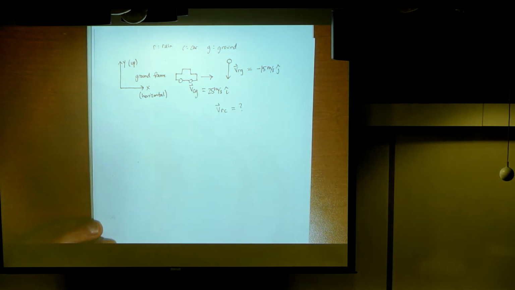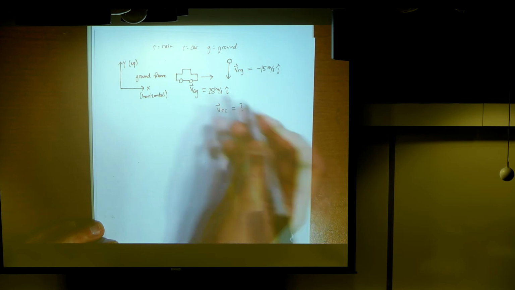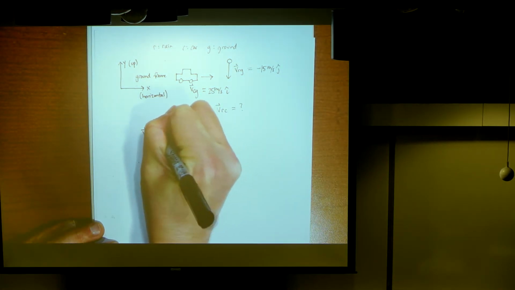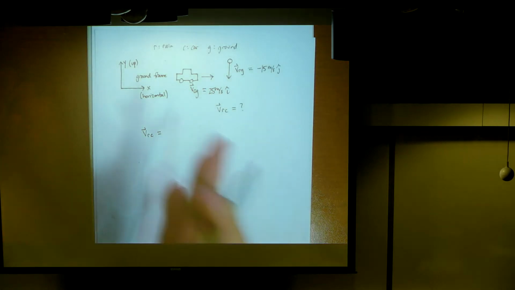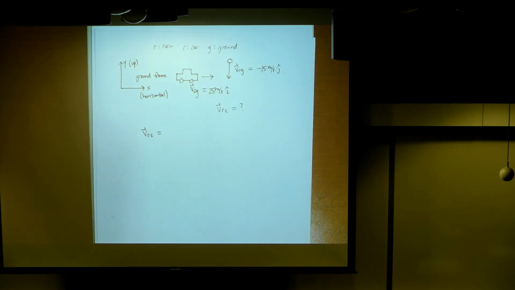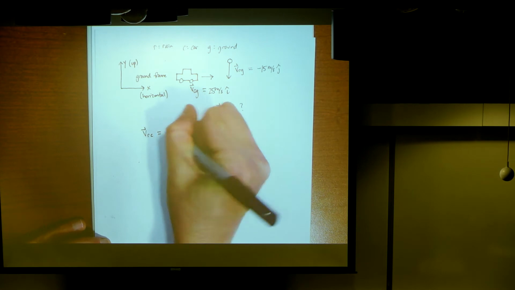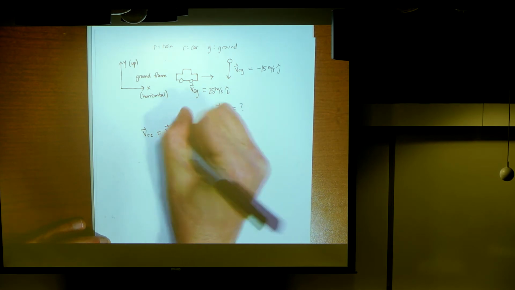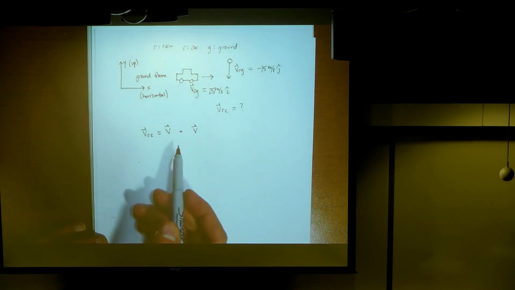I mean, the simplest thing to do is just say, look, this is the velocity I want. So I'm just going to put that on the left side of the equation. And that automatically tells me what needs to go on this side, where I'm adding two velocities together, right?